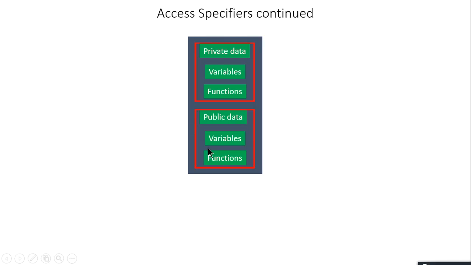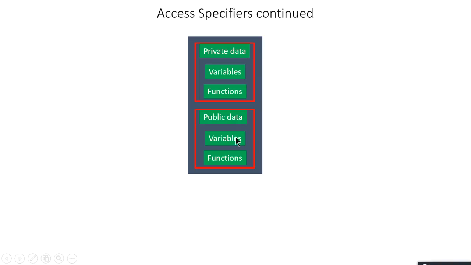Okay. Now to show you how the access specifier works, I will give you a graphical picture of that. Okay. So let's say this is a class. This blue box represents a class, and inside this blue box I have private data as well as public data, which is represented by the red bordered lines. And inside these private and public data I have variables and functions in green.